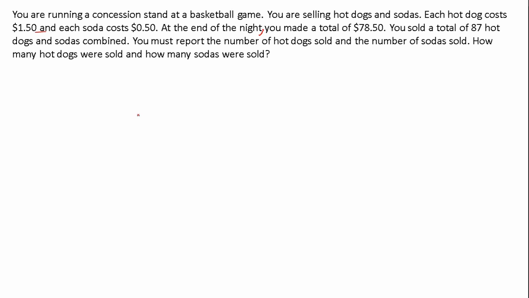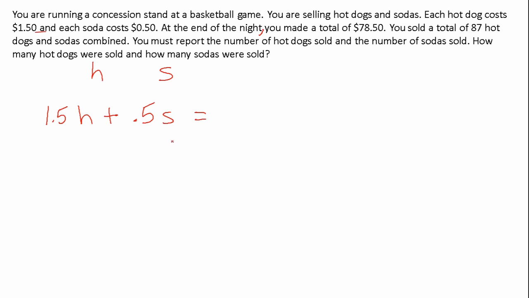So this one is actually pretty straightforward once you understand what it's asking. Hot dog I'm going to call H, and soda I'm going to refer to as S. It's going to be my two variables. We know hot dogs cost $1.50 each, so that's going to be 1.5H. And sodas are 50 cents each, so I'm going to call that 0.5S.